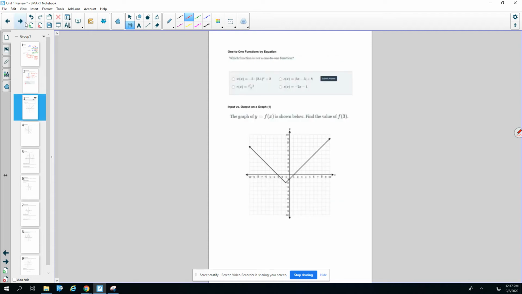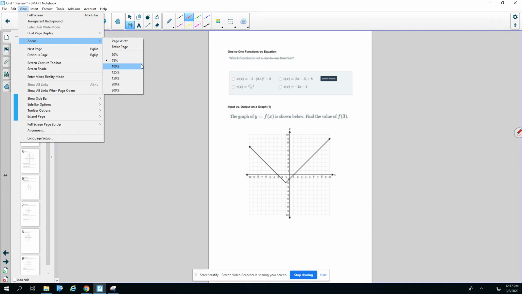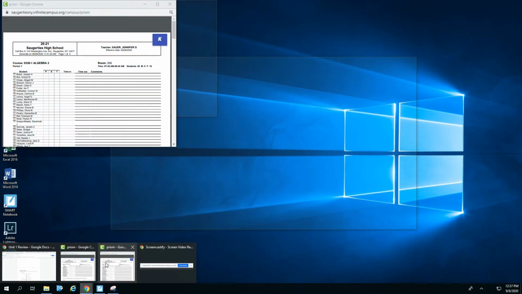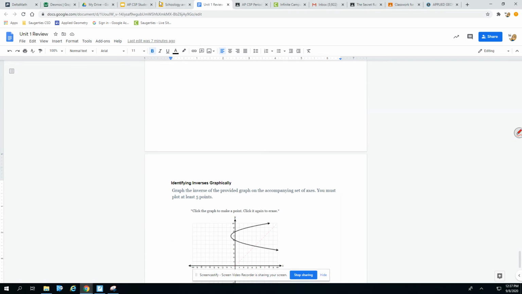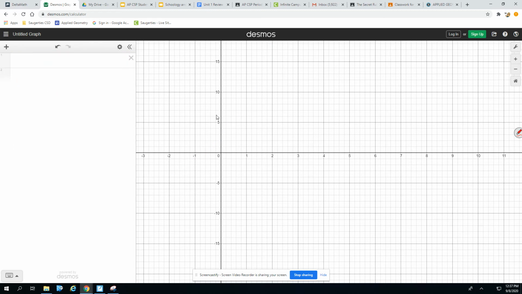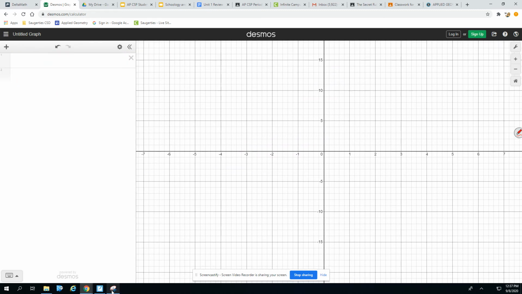The next one, we could go to the Desmos calculator. I am just going to go back to my normal Zoom. I have a million windows open, so I'm going to need to get back to my Desmos calculator, which I do still have here. So from here, I'm going to X out my last graph. I'm going to kind of move this over so I can see it better.